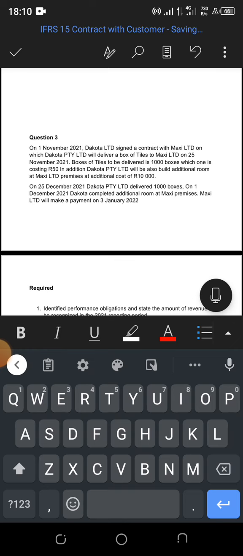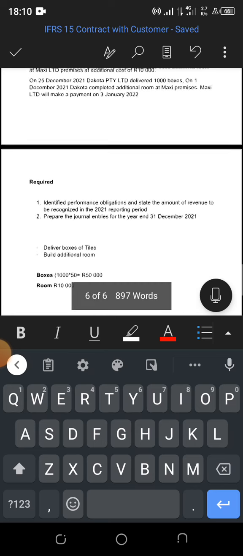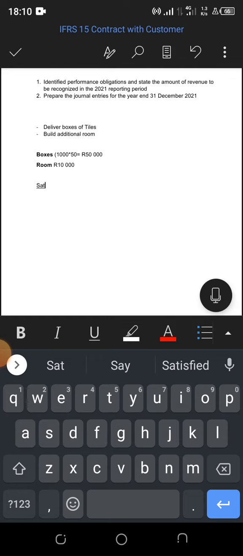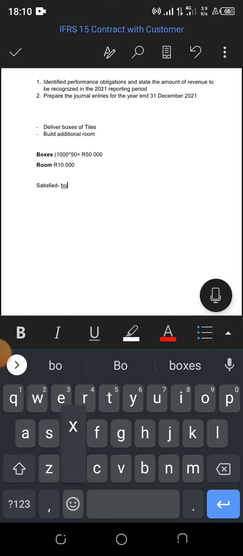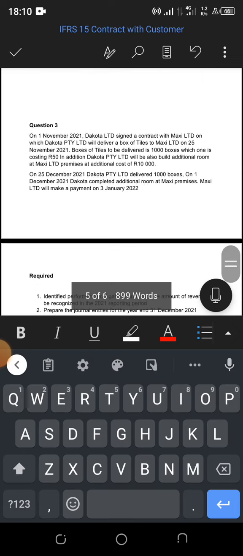Okay, they said Dakota Ltd delivered 1,000 boxes on 1 December 2021, which means that the performance obligation of delivery of boxes has been satisfied. Okay, explain this in detail. Then what about the room?